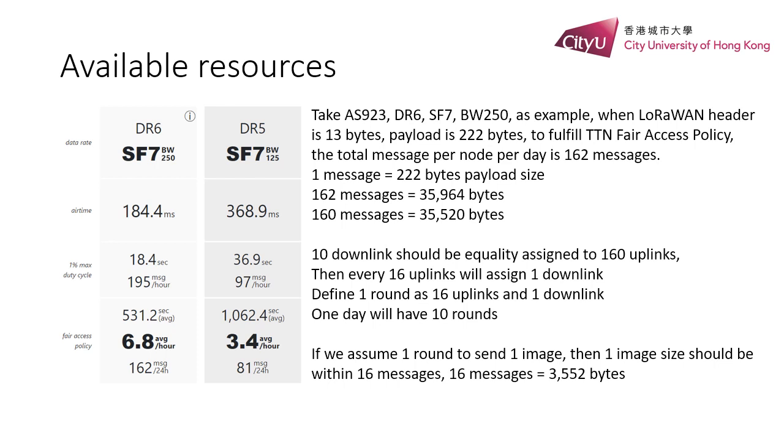To equally distribute 10 downlinks to 160 uplink messages, every 16 uplinks will have one downlink. We define one round as 16 uplinks and one downlink. So one day we'll have 10 rounds. If each round sends one image, then the size is 3.5 kilobytes for one image.